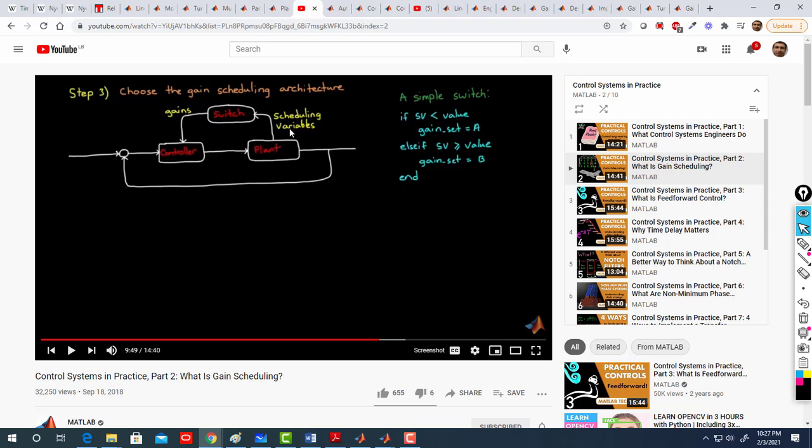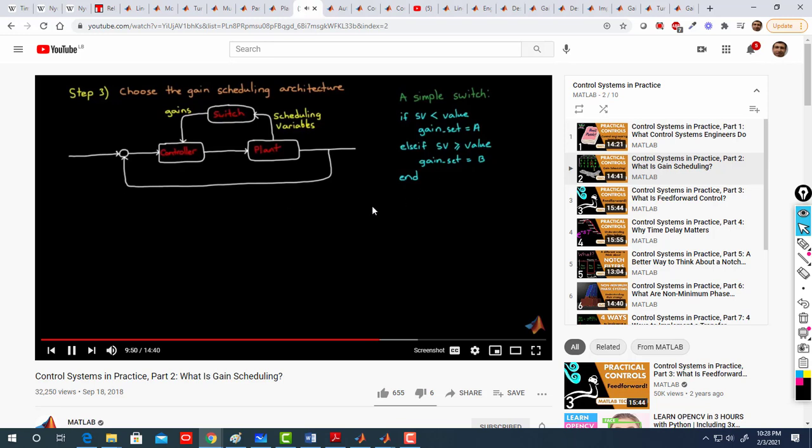Often it's your operating point at which you are linearizing the system. If now you are at theta 1, or at some pitch angle, this pitch angle corresponds to a set of gain equal to A, and another pitch angle maybe a set of gain equal to B.